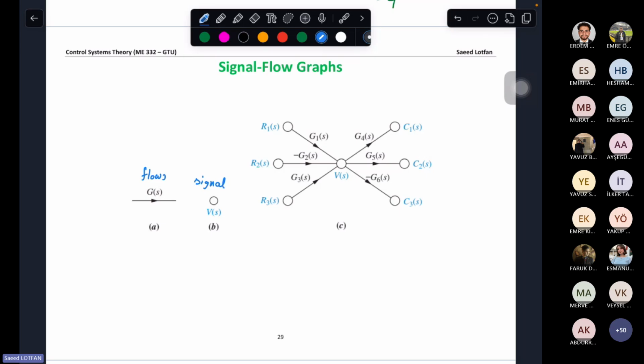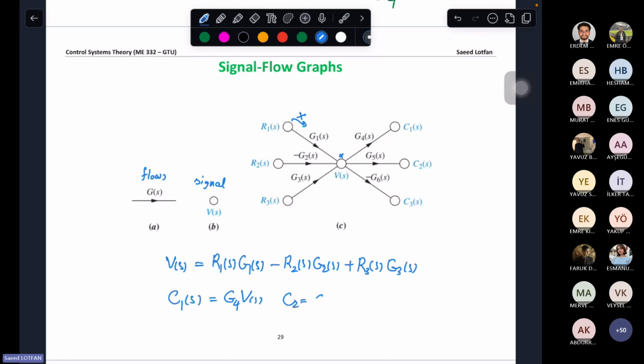For example, in this case, the signal VS is R1S G1S multiplied, minus R2S G2S, plus R3S G3S. And we can say, for example, the output C1, controlled variable C1, is G4 VS, or C2 is G5 VS, or C3 is minus G6 VS.